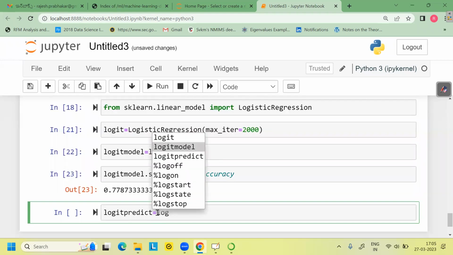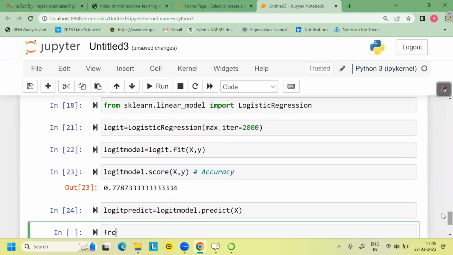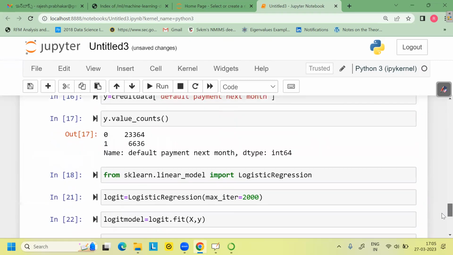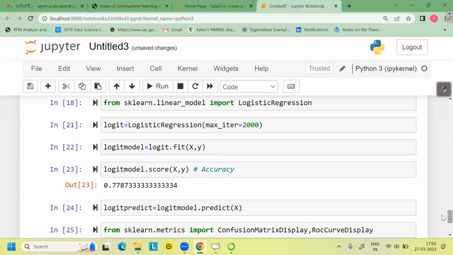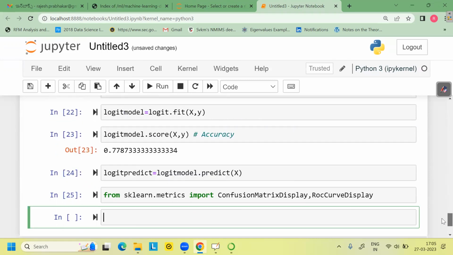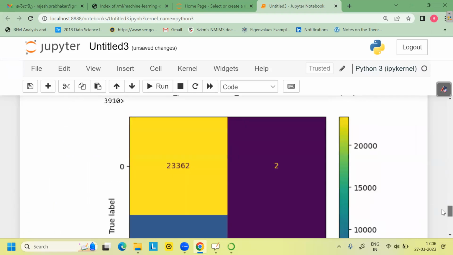Then predict with logit_model.predict, from sklearn.metrics import ConfusionMatrixDisplay, RocCurveDisplay. So once we have split the data into X and Y, we build the model and we got an accuracy of 77.87. ConfusionMatrixDisplay.from_predictions, Y comma, we have a problem actually.